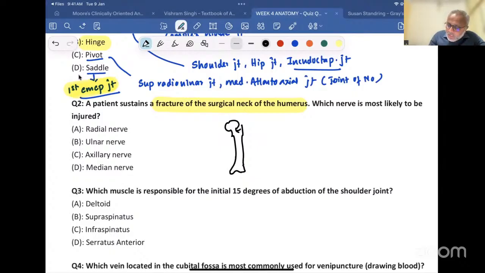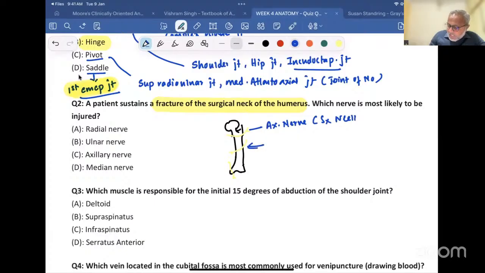The nerve that is related to the surgical neck. Then there will be a nerve related to the shaft of the humerus, and then there will be a nerve related to medial epicondyle. So what are these nerves? So surgical neck, axillary nerve, right? So this is related to surgical neck.